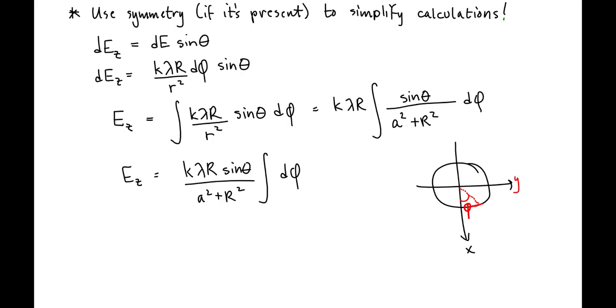And if we want to determine the full amount of the electric field, we're going to have to integrate all the way around. So phi ranges from 0 to 2 pi. That means our limits of integration will go from 0 to 2 pi.